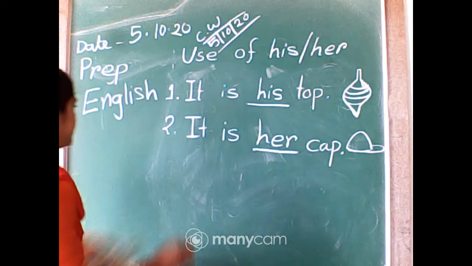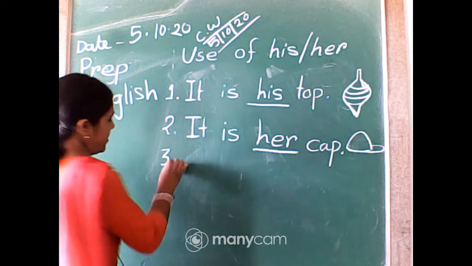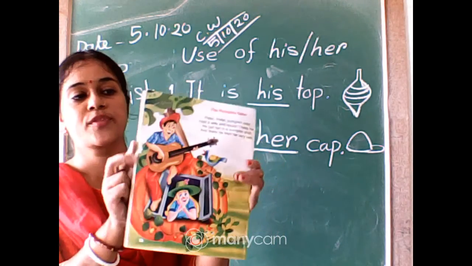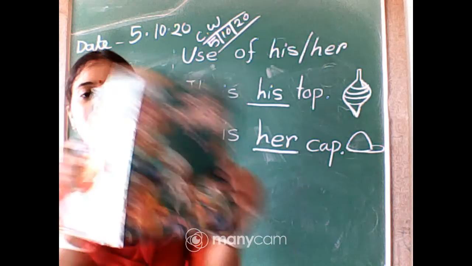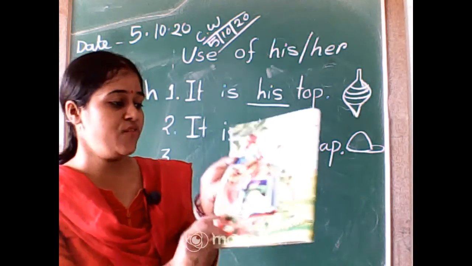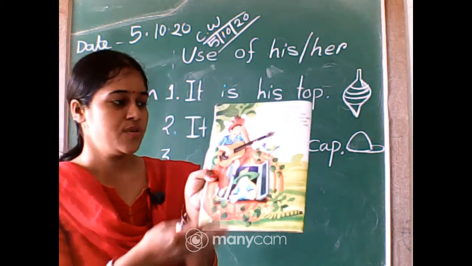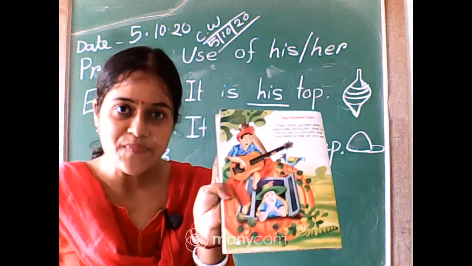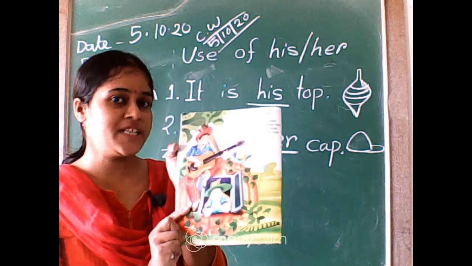Next, number 3. Okay, this picture is from your rhyme book. And we will identify what we have right here. You have learned this rhyme.